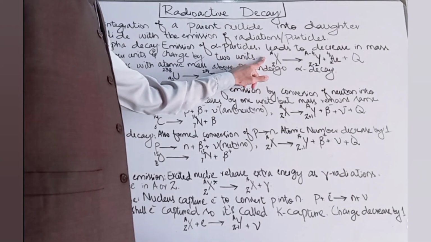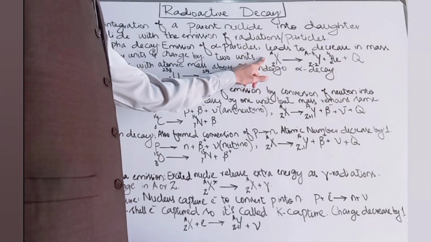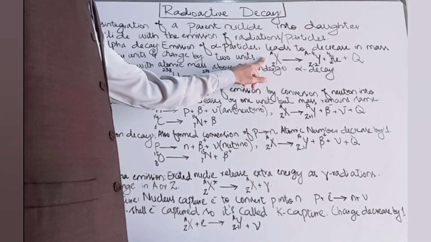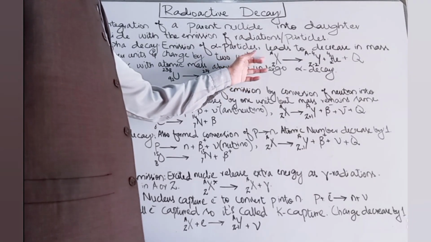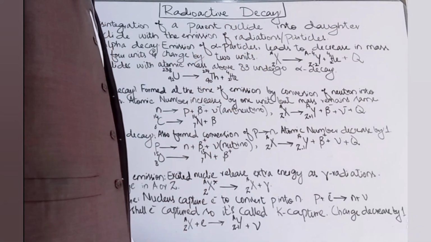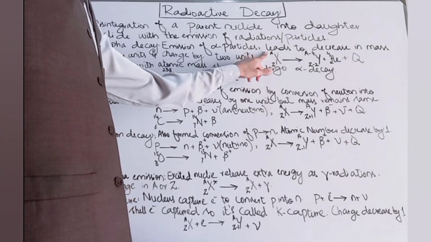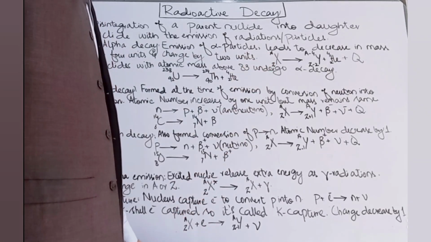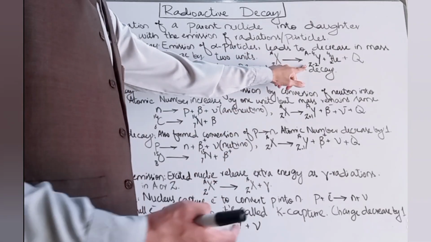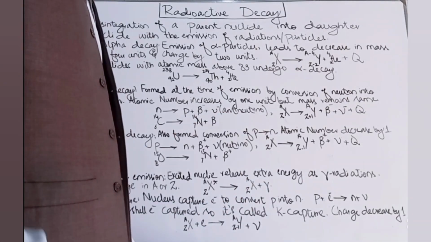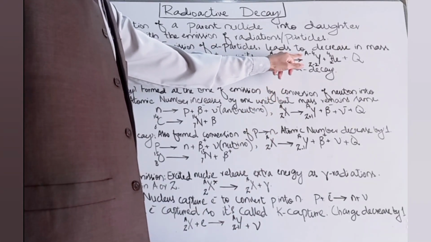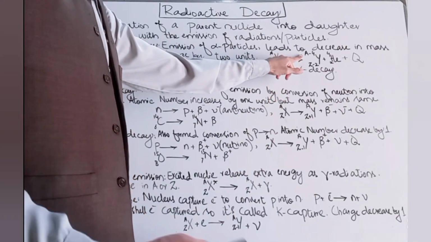We can represent alpha decay by a hypothetical equation in this manner, in which we consider that X is a nuclide having atomic number Z and atomic mass E. If it undergoes alpha decay, its atomic number would decrease by 2 units, whereas its mass would decrease by 4 units.